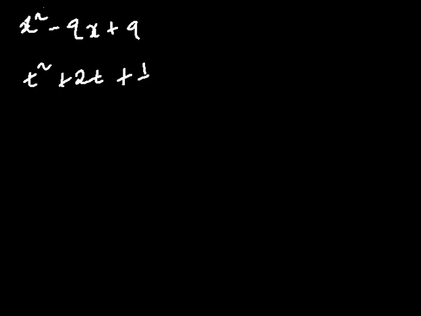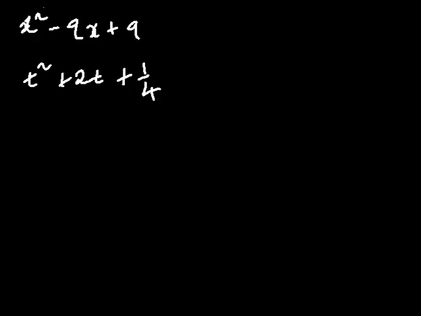And what if we have this kind of case, x squared minus 9x plus 9? What is the value of the discriminant in that way? And also we have d squared plus 2d plus 1 over 4. Determine the value of the discriminant.